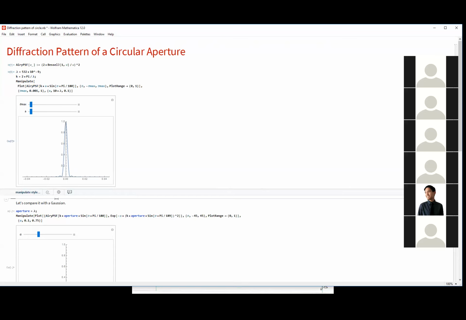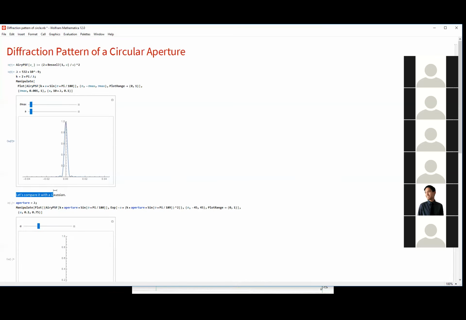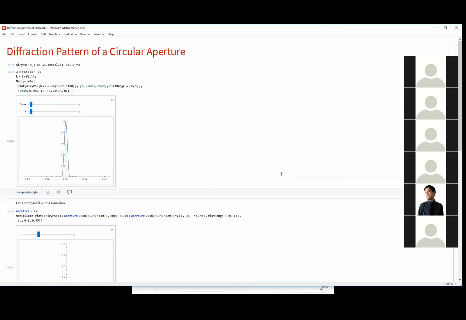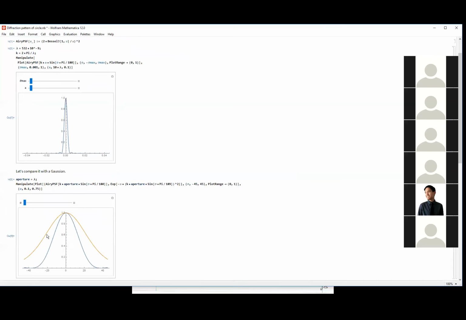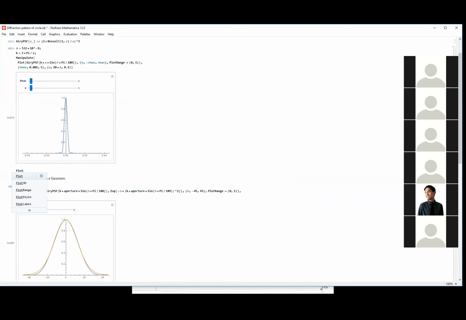Now, where it gets more interesting is if instead of putting this all in terms of k, a, and sine theta, let's just plot this as is. And we'll plot it against the Gaussian. Actually, let's not even do that. Let's just plot the Airy PSF on its own.